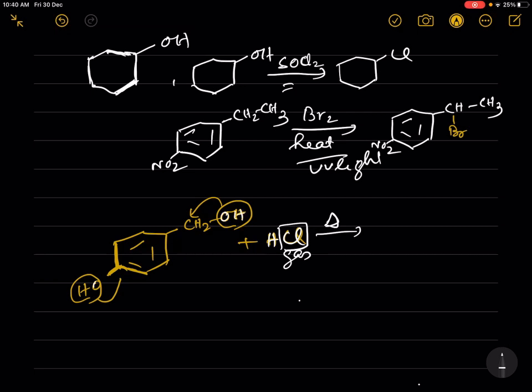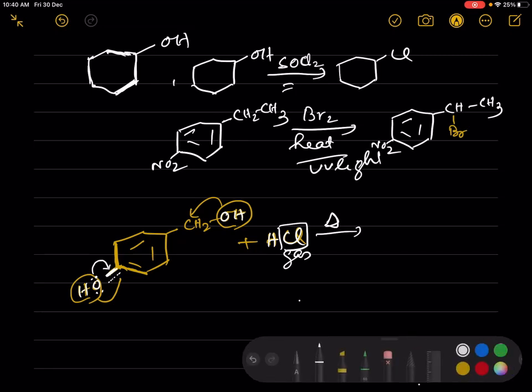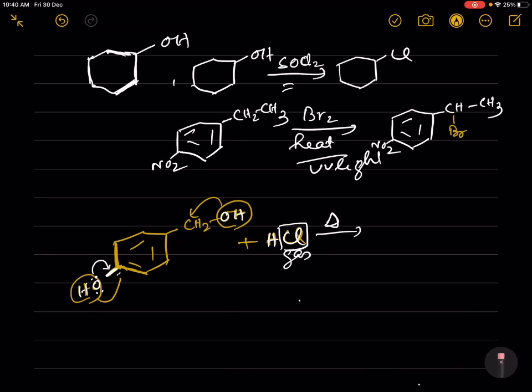You know, I told earlier, this lone pair on oxygen can form a double bond over here, or you can say partial double bond character will be there. So this lone pair will form a partial double bond, or due to resonance, so it is a stronger bond.